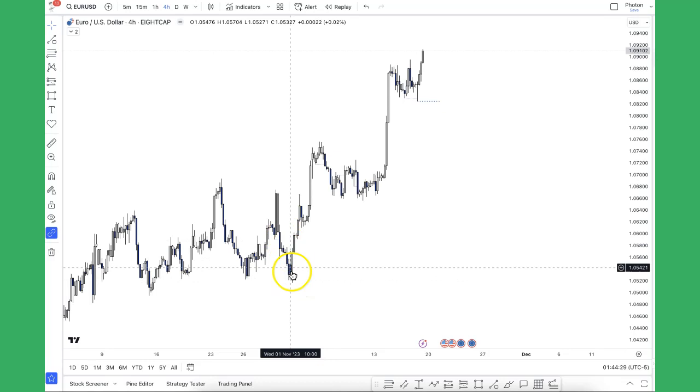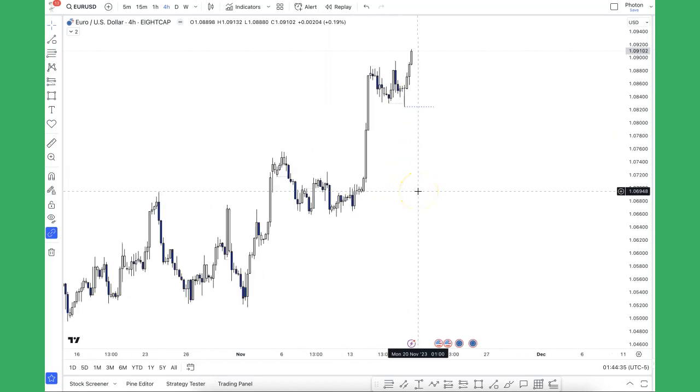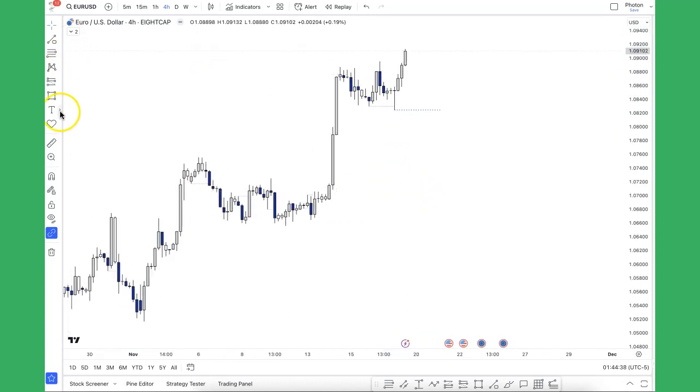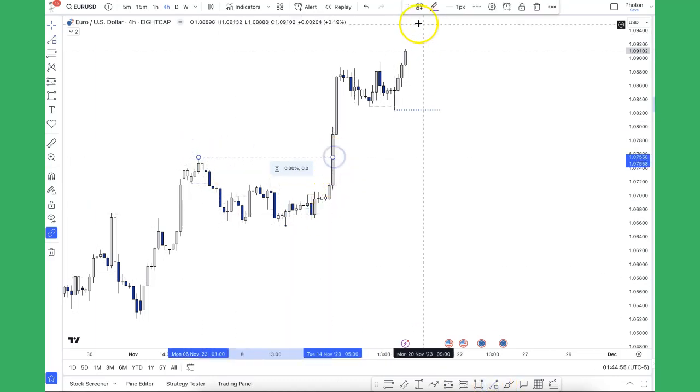It didn't really close, but there's a higher high, higher low. So this to me looks like the latest structure that I'm interested in. So I'm going to take my pretty little dots and mark it here like this, and mark this one here like this. Where did the breakout structure take place?